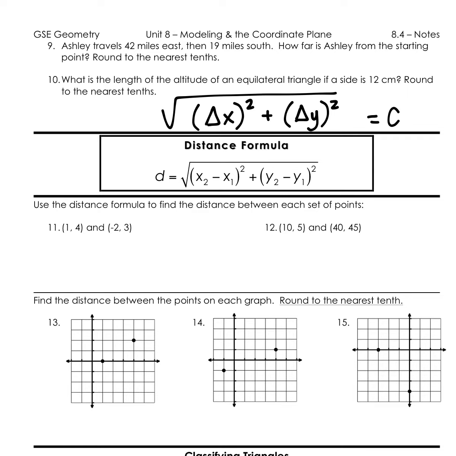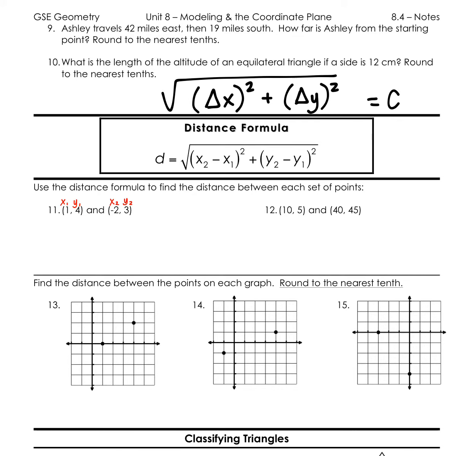So we see our first example here. They gave us 2 points. They want to know how far it is between these 2 points. So we're going to let 1 and 4 be x1 and y1. And we're going to let -2 and 3 be x2 and y2.